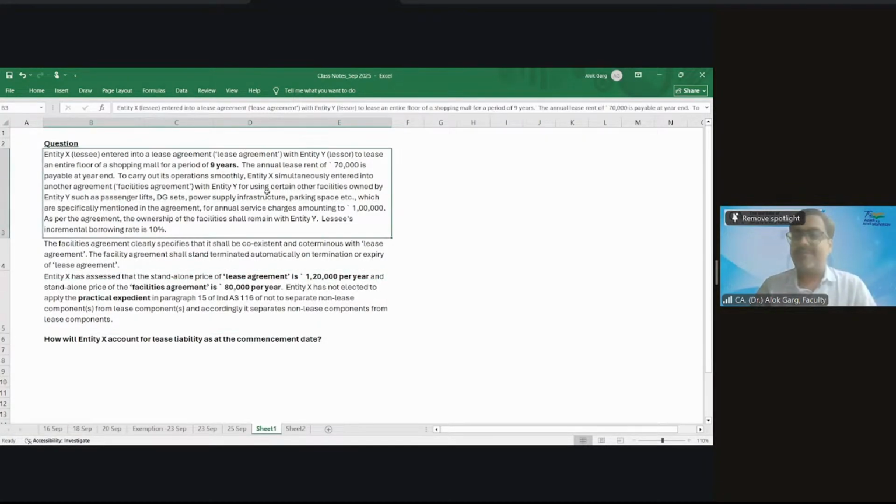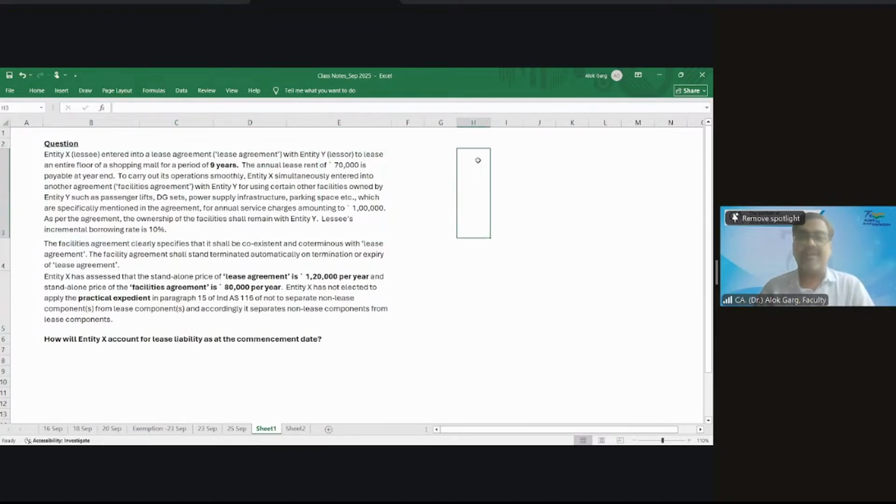But in the actual contract, what are the prices? 70,000 and 1 lakh rupees. The total period of lease is 9 years. Annual lease rental of 70,000 is payable at the year end, and the facility agreement talks about annual service charges of 1 lakh rupees.